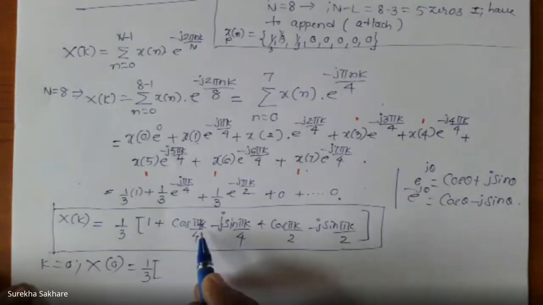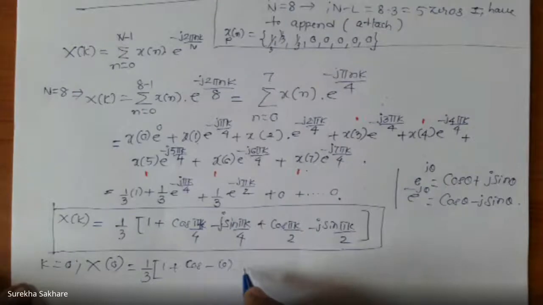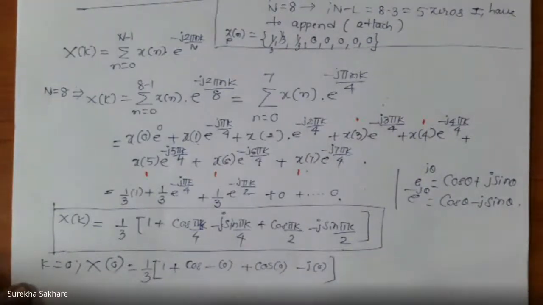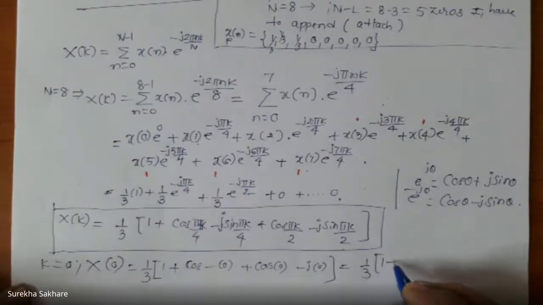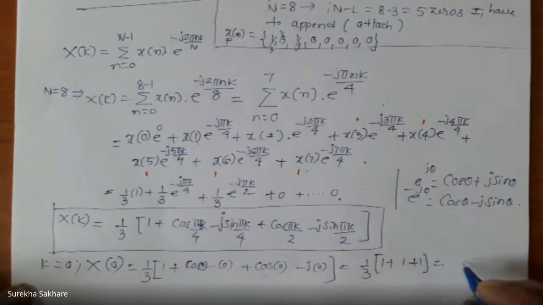This will be 1 plus cos of 0 is 1, cos 0 minus j sin 0 is 0, cos of this k0 is 0, this minus j 0. So this is going to be 1 by 3, 1 plus 1, cos of 0 is 1. This also is going to be 1. So this is going to be 2 by 3. That is the answer.